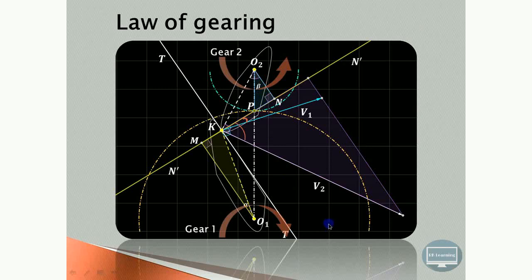Now omega 1 and omega 2 are the angular velocities with which the gears are rotating. So the velocity V1 is making an angle of alpha with this common normal. Similarly, velocity V2 is making the angle beta with this common normal.